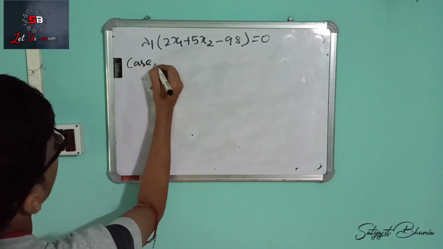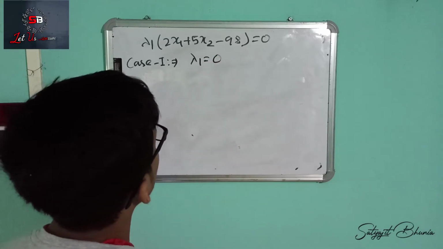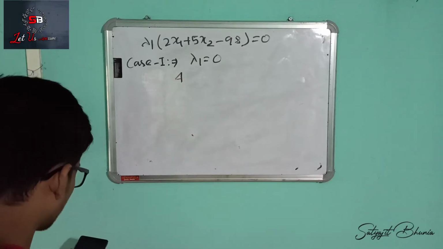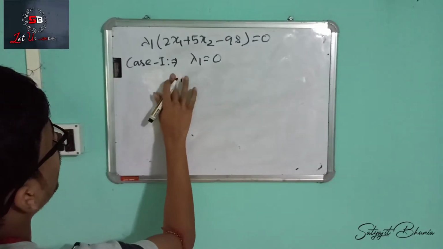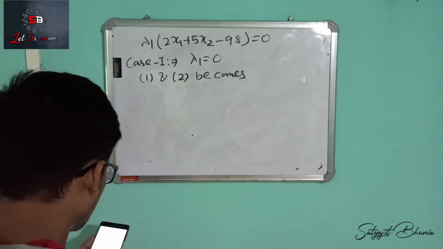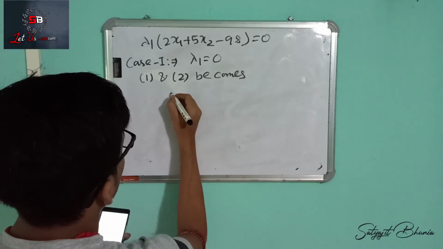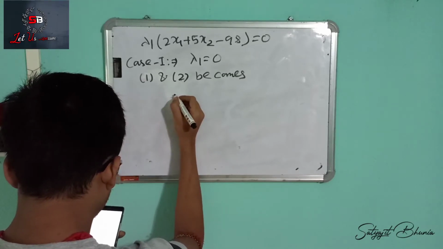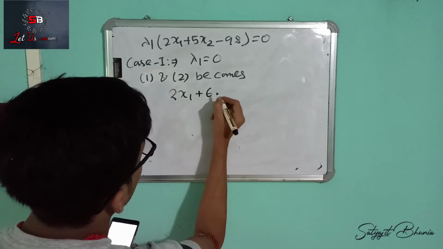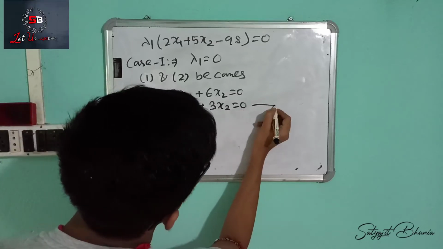Case 1, lambda 1 is equal to 0. If lambda 1 is equal to 0, then 1 becomes 2x1 plus 6x2 is equal to 0, that is x1 plus 3x2 is equal to 0.